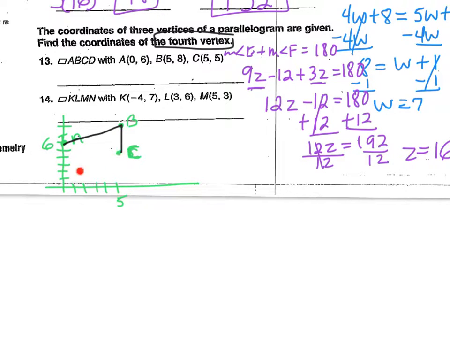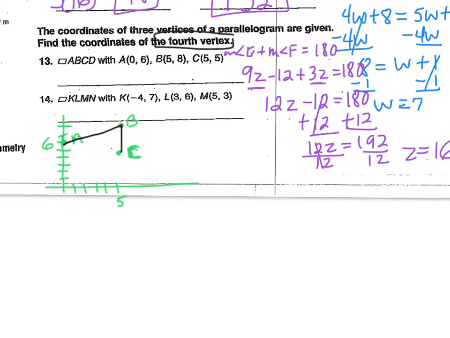So that we can go like this. Okay, so this I know is parallel to this right here. So let me find out how many units I need to go on the slope, because if the sides are parallel, I just follow the same slope. So let's find the slope of BA and then repeat it from C, and we find the point D.